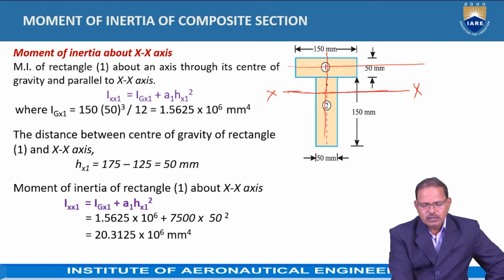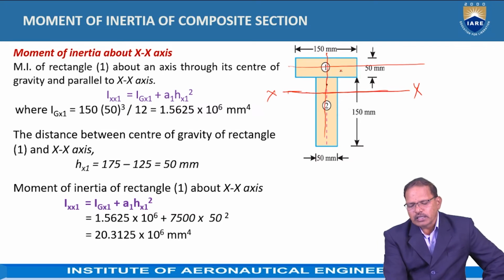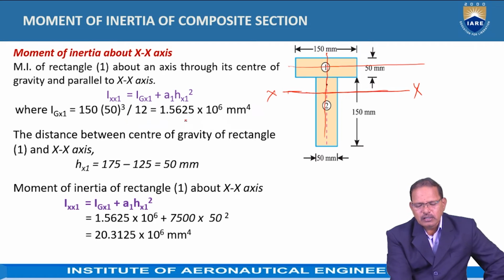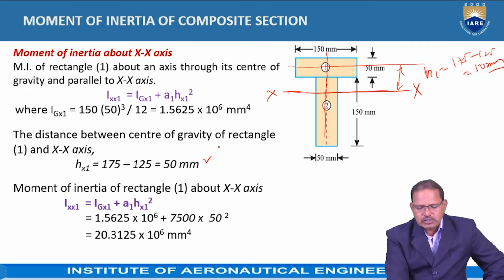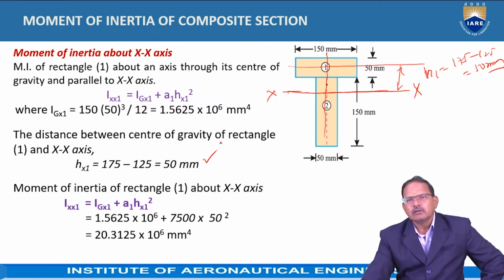Now, the area of the first rectangle, A1 h x1 squared: A1 is equal to 150 into 50. The distance between these two lines is h1, which is 175 minus 125, equal to 50 mm.